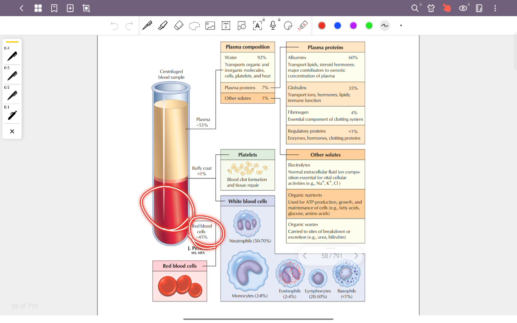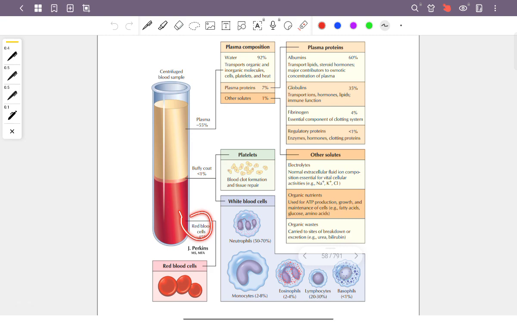The main function of the red blood cells is to carry oxygen to the body tissues, to help them form energy. So that's one of the main functions of the red blood cells.